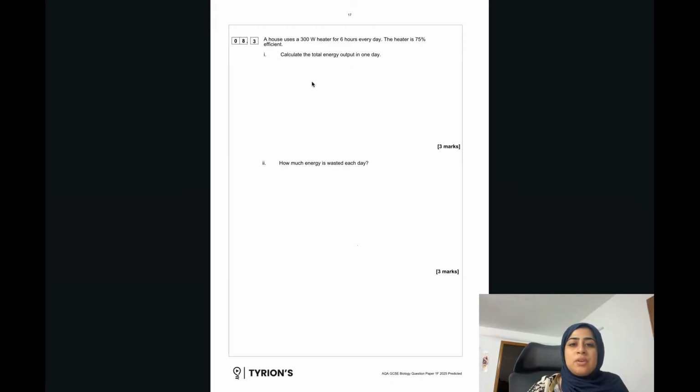Power is energy over time. So here we would do 300, but not times 6, because time is always in seconds. So convert into seconds first. That would get you the energy, and then you can use the efficiency formula.